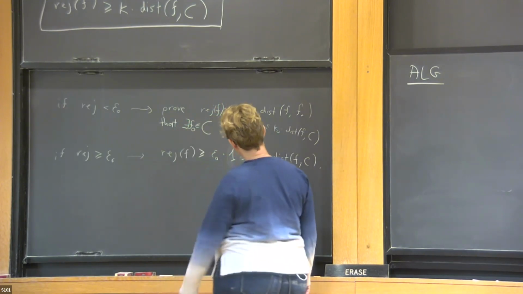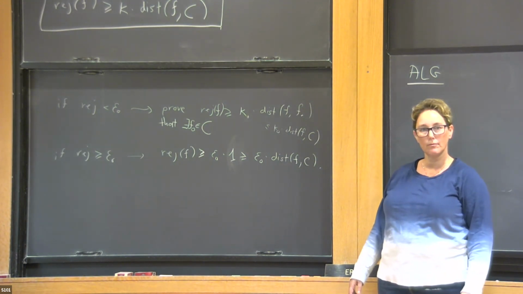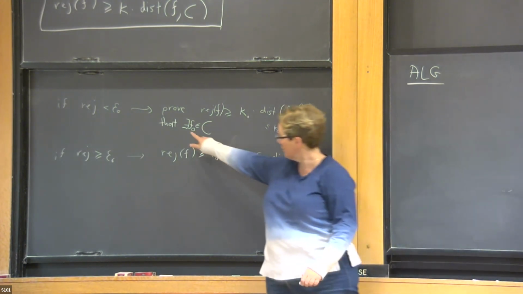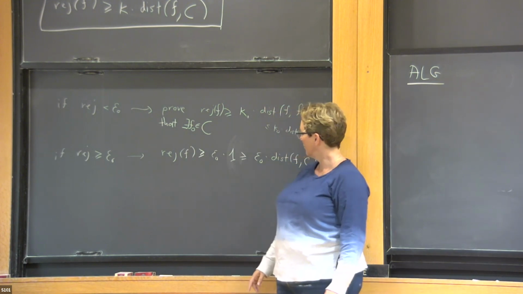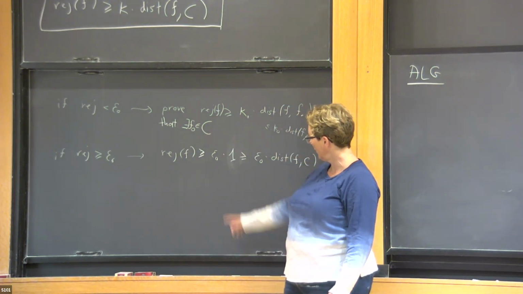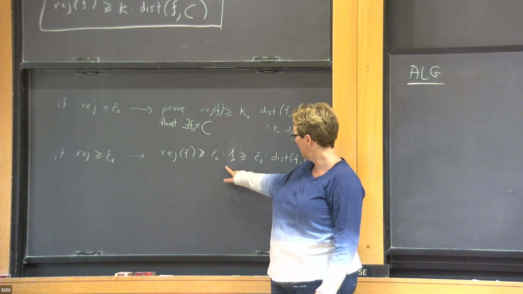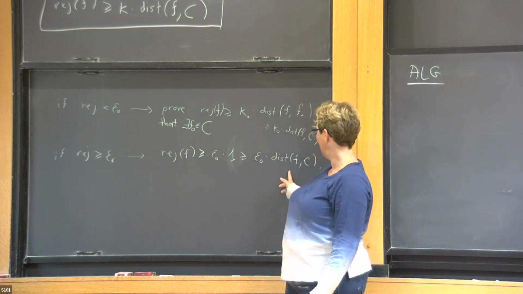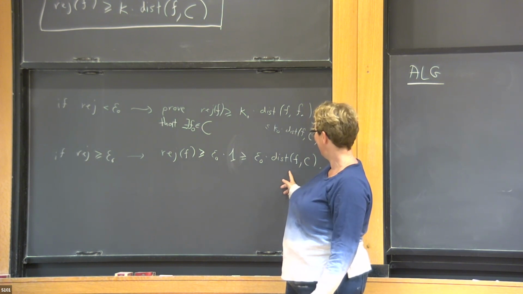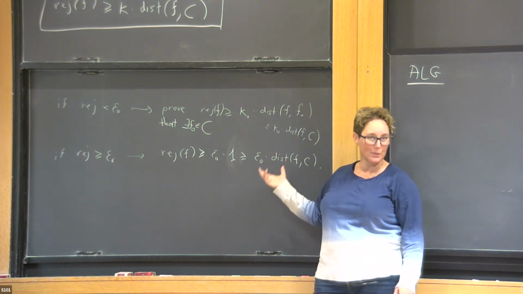Because what's written there could still not be a decoding algorithm, because the second case, for example, could still happen if you are very slightly far from the code, right? Yes, by what you wrote, it could be that the rejection is very large, even if the distance is small. I see. That's a good point, actually. I didn't think about that. But because of the regularity, that won't really happen.